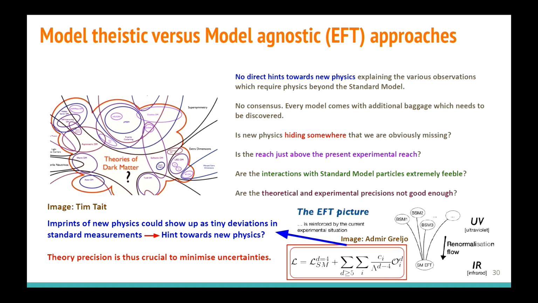If the interactions are extremely feeble, then we could hope that with more and more collection of data, we would have enough luminosity such that we might be able to see this new physics. But we don't know that yet. And the next question is, are the theoretical and experimental precisions not good enough? Yes.